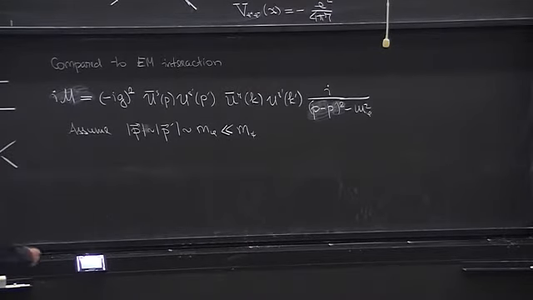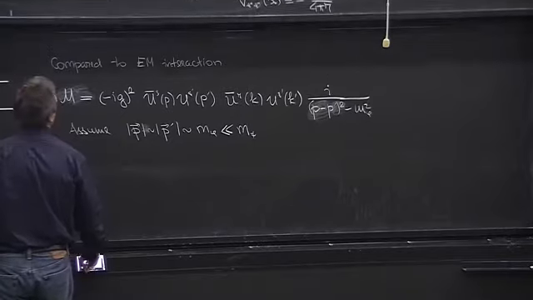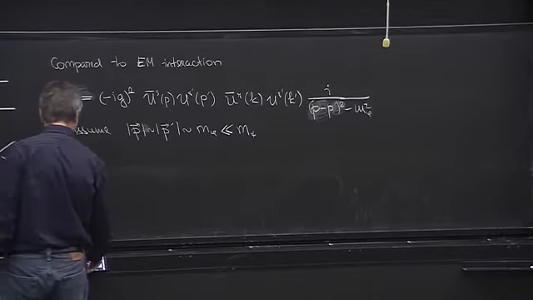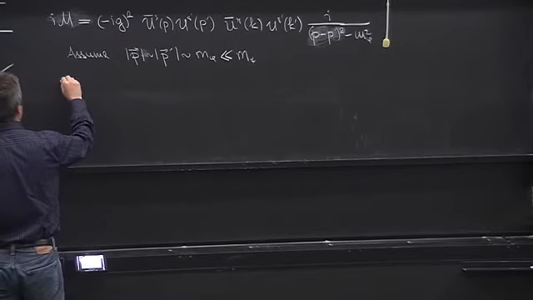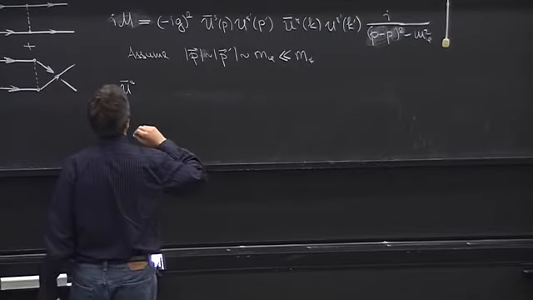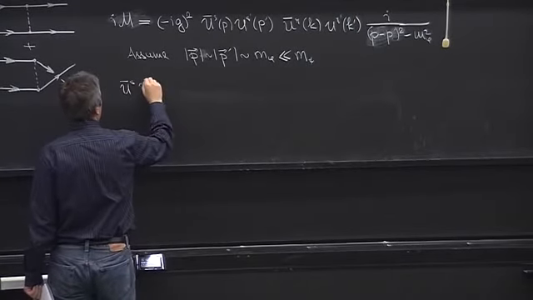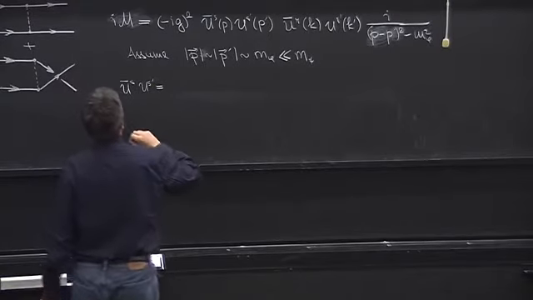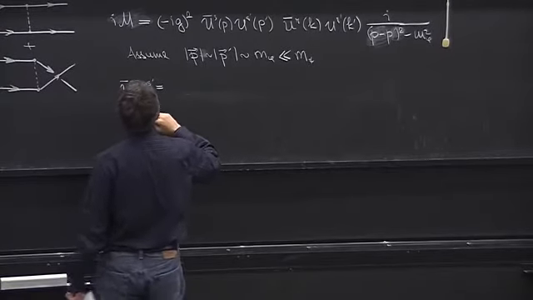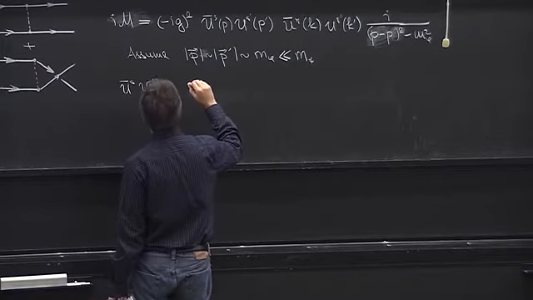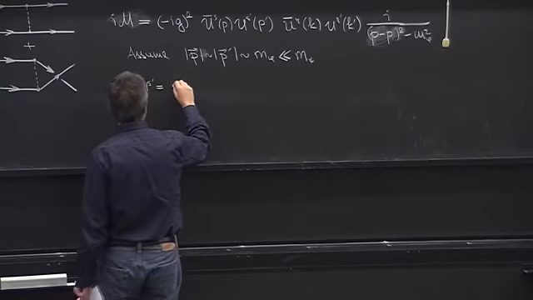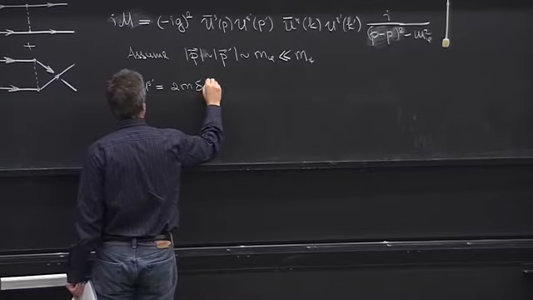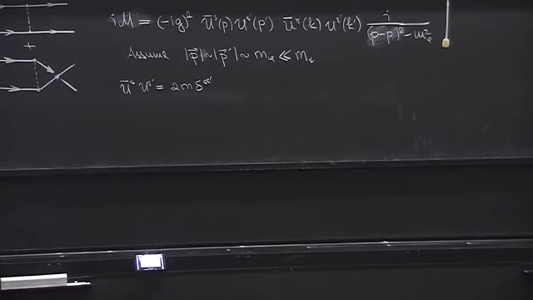So at the end, what we will need to do is compute the matrix element of non-relativistic spinors u bar s times u s prime. This will be equal to, well, 2m delta s s prime, as always.